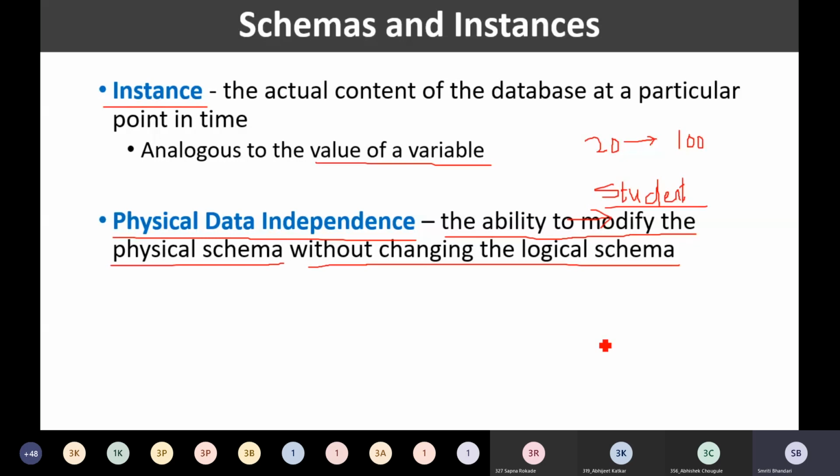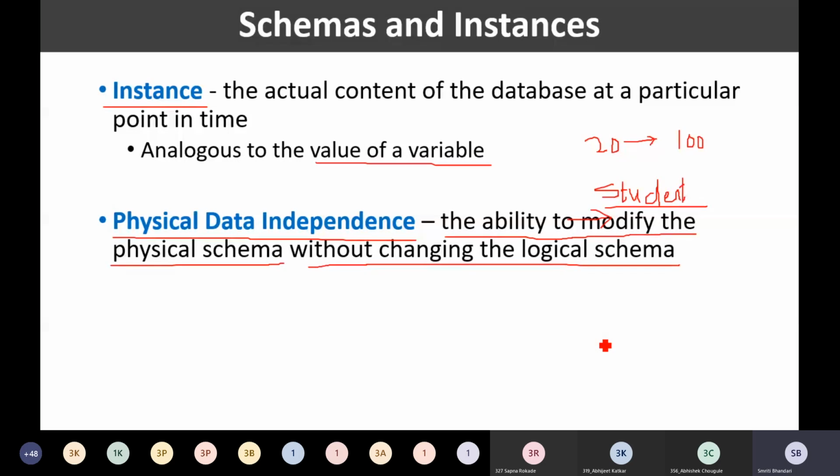So at the physical level, I have used some mechanism and some data structures to store that data. But after inputting lots of data into my database, it may happen that the performance of my database system has degraded, because I have lots of data.